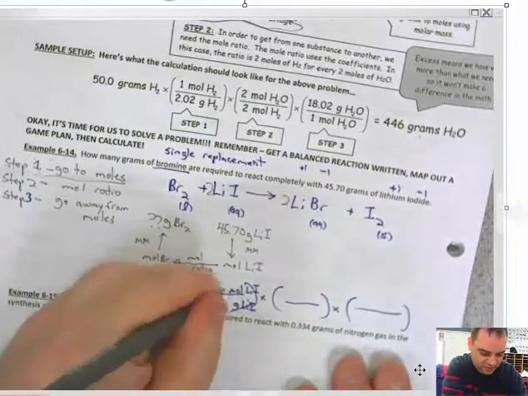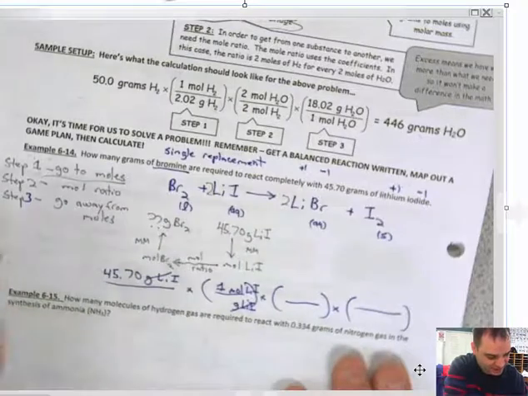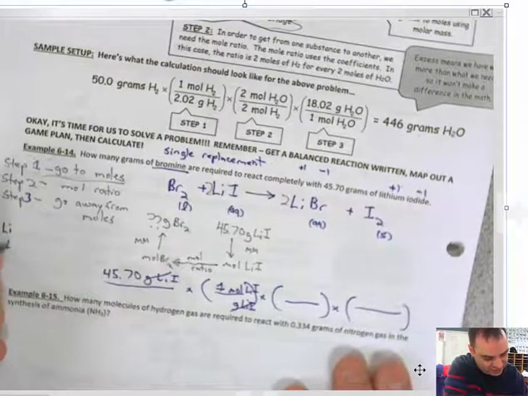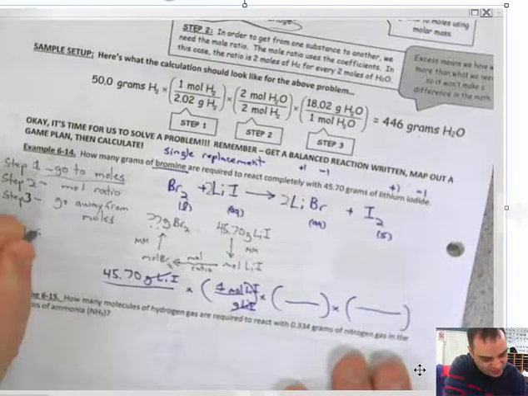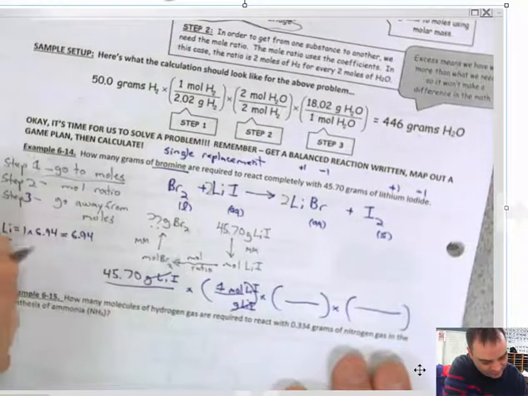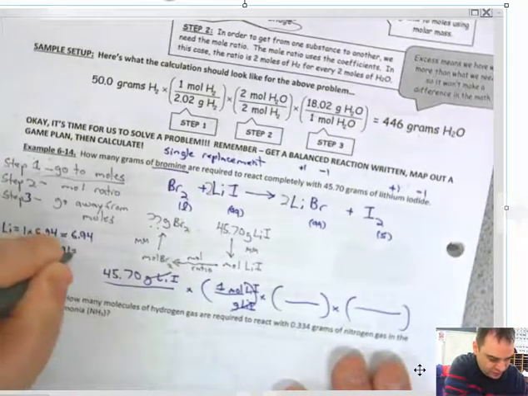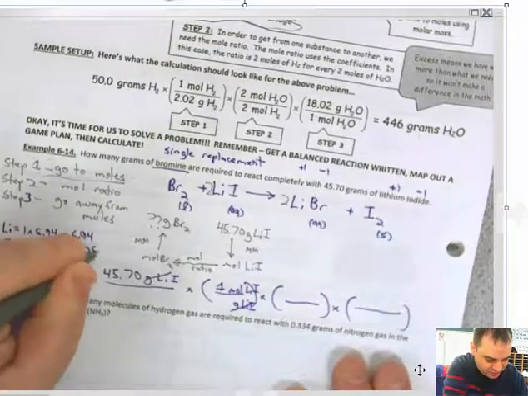Swish, swish. What number goes by moles? 1. What number goes by lithium iodide? You have to do one of these things. 1 times 6.94 equals 6.94. 1 times 126.91 equals 126.91.